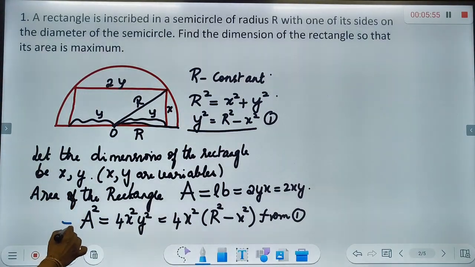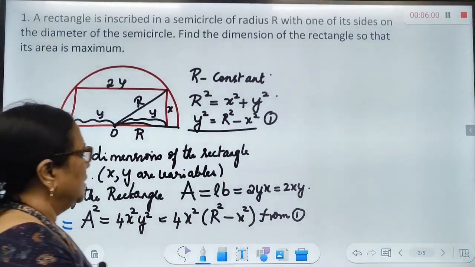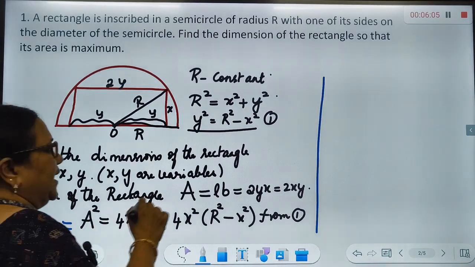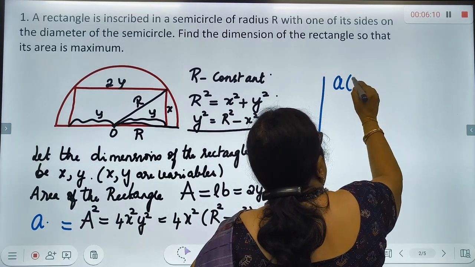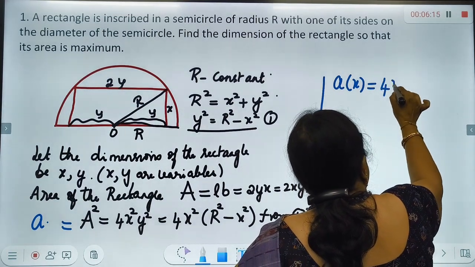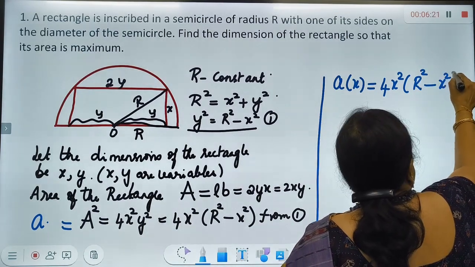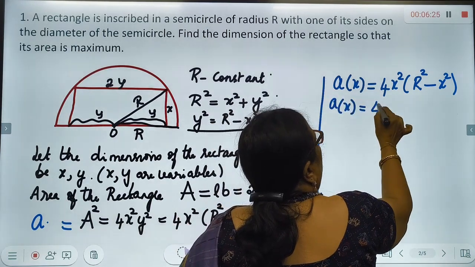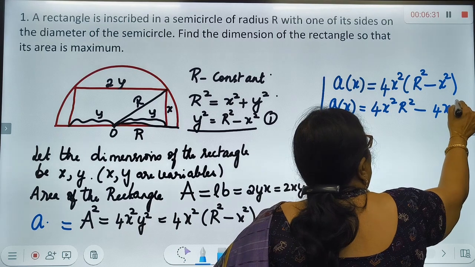This capital A square, let me call it small a. So, a of x is equal to 4x square R square minus x square. So, a of x is 4x square R square minus 4x power 4.